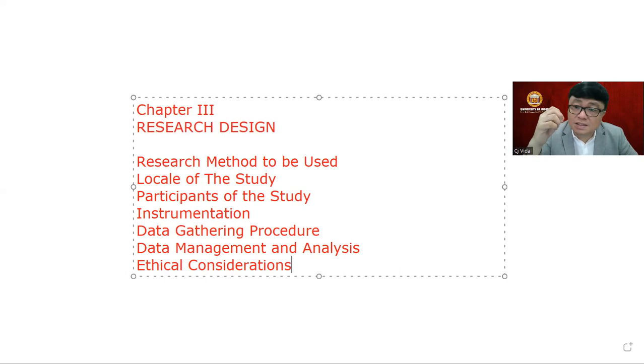So what characteristics or what qualifications the place of the conduct of the study has or possesses that will legitimize or that will justify the conduct of the study in that area of investigation, in the area of investigation.